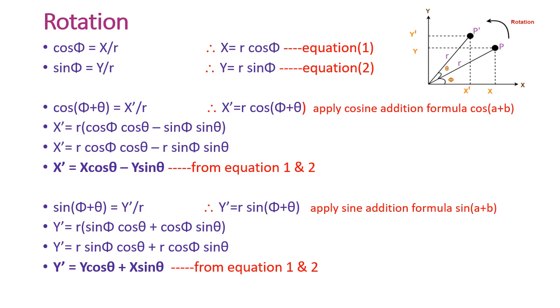Now again multiplying r into this bracket, we get y dash is equal to r sin phi cos theta plus r cos phi sin theta. Now from equation 1 and 2 we put the values of r sin phi and r cos phi, so we get the equation y dash is equal to y cos theta plus x sin theta. From this we get the value of y dash, and these two, that is x dash and y dash, are the new coordinates for point P dash.